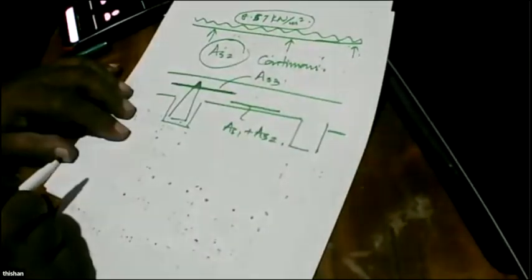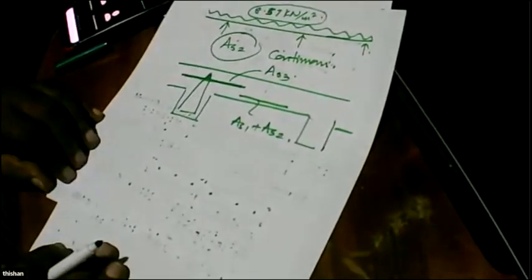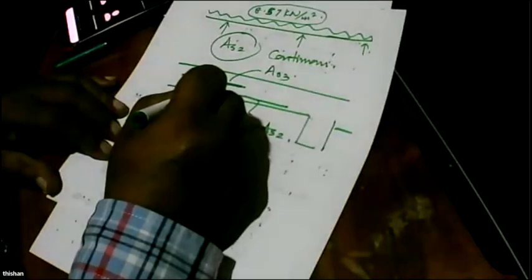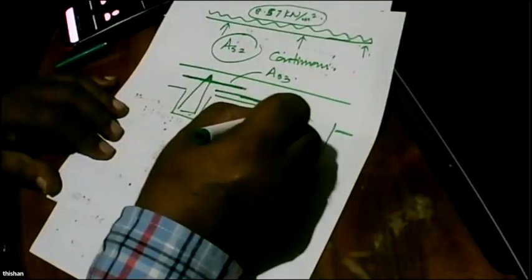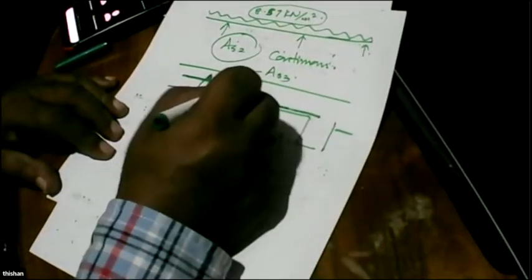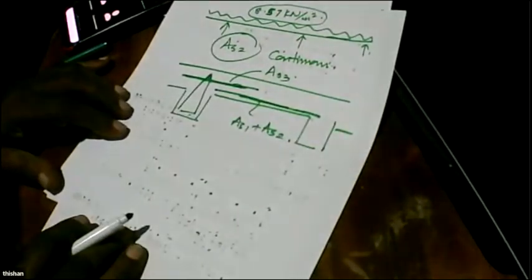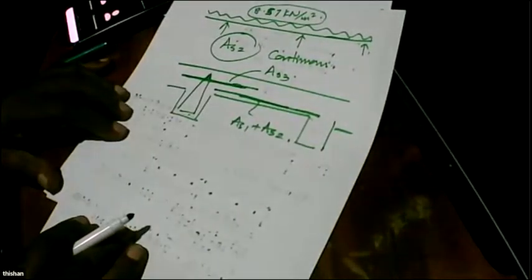Why? Because there's a hogging moment. So you can actually calculate the hogging moment, and I say AS3, right? But AS3 will be pretty similar to AS2. And then you get this additional reinforcement provided that way. So you have to provide all these reinforcements. Why?